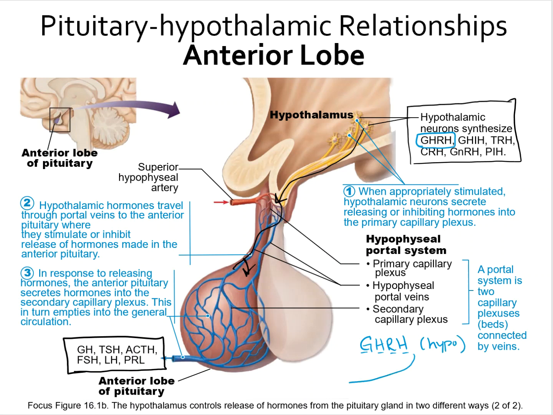This targets the anterior pituitary. It enters the bloodstream up here, leaves the bloodstream, targets the tissue, and triggers the anterior pituitary to synthesize and secrete growth hormone, which is then secreted back into the bloodstream and goes out to the body.